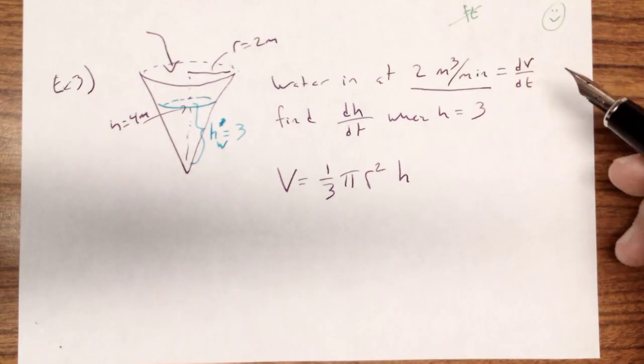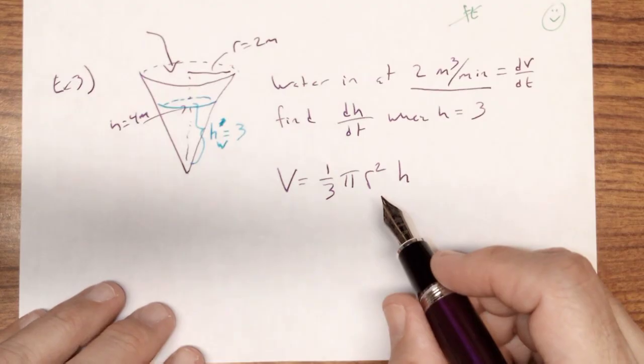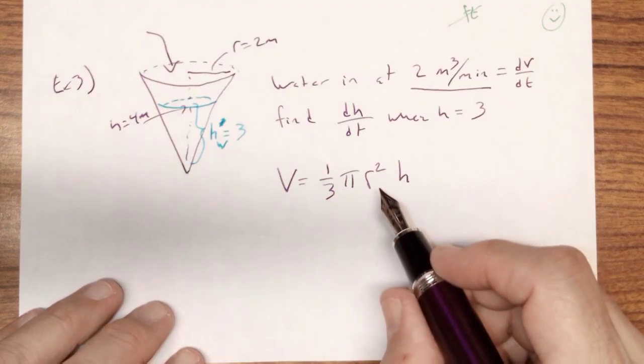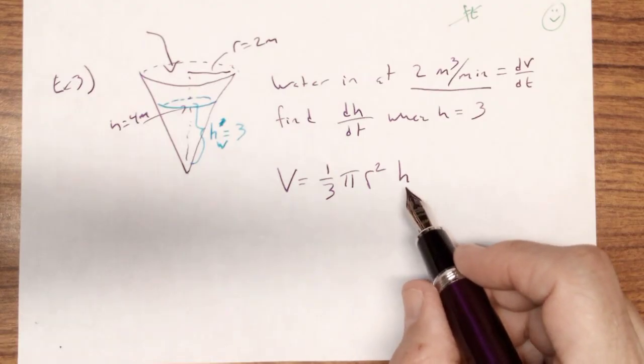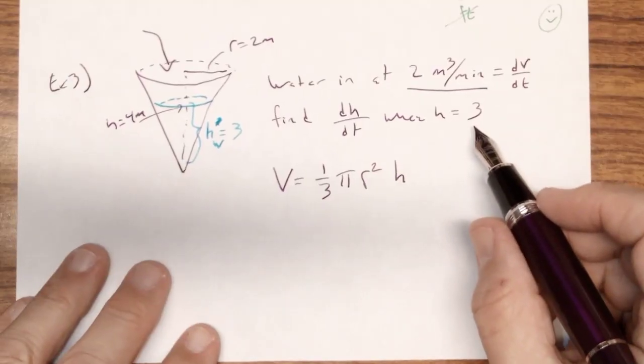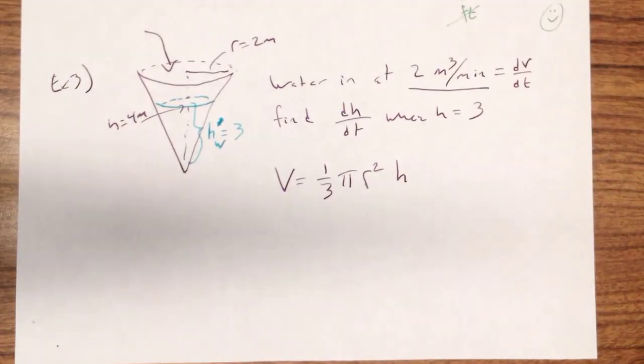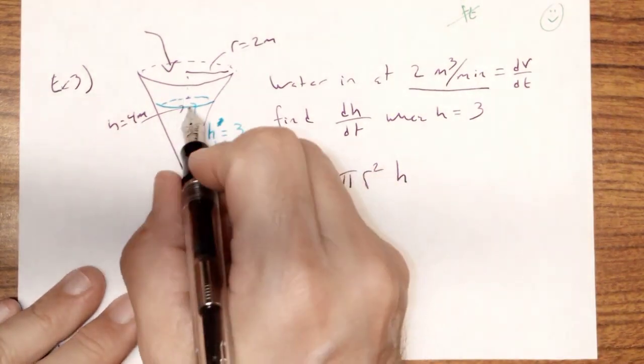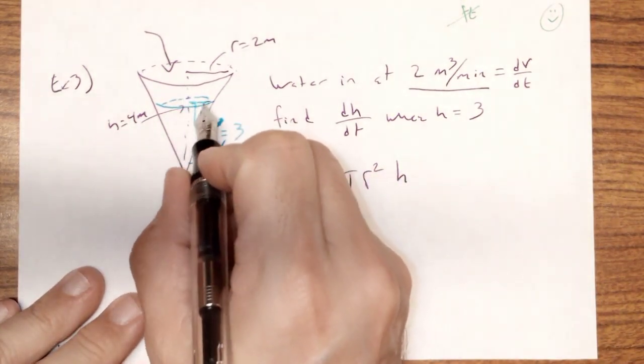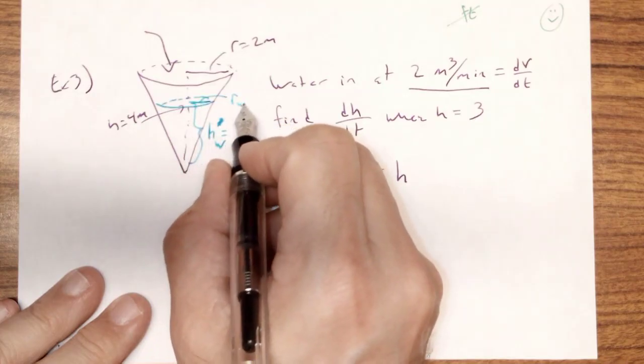In order to do this, I need to know R and H. But I only know H. How do I get R? Right here, this is the radius of the water.